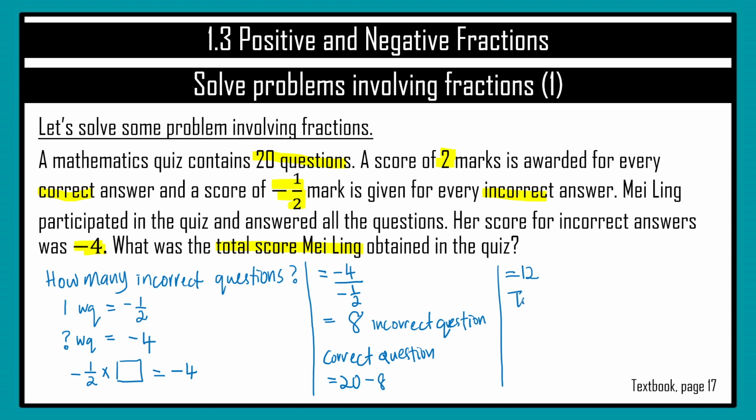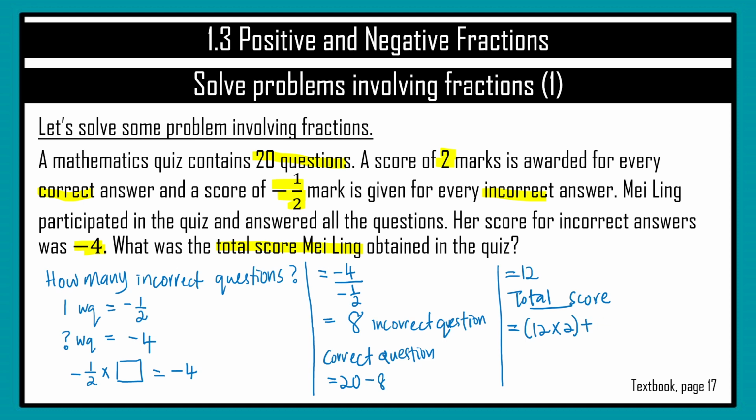So her total score will be, I know that she got 12. Okay, 12 correct one, and each one is awarded with 2. Okay, plus with, I know that she got 8.